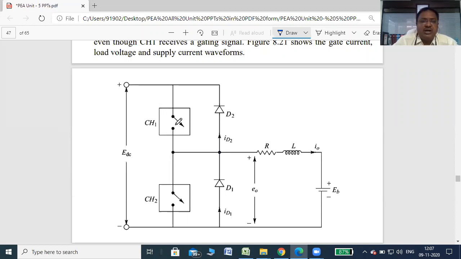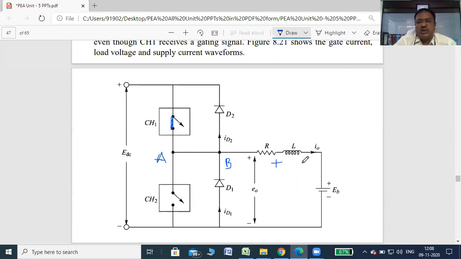Now in the second condition, when chopper 1 is on, current starts to flow from EDC plus through chopper 1. You can give name A here, and name B here. So current flows from EDC positive through CH1 to A, then R, L.